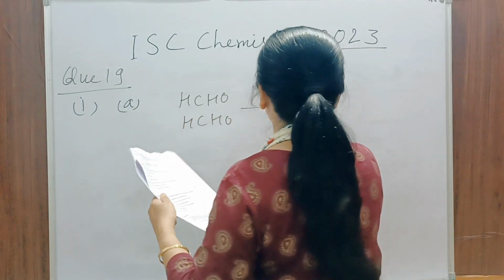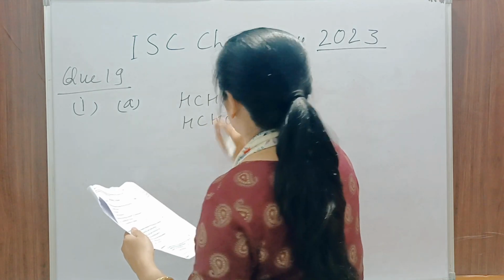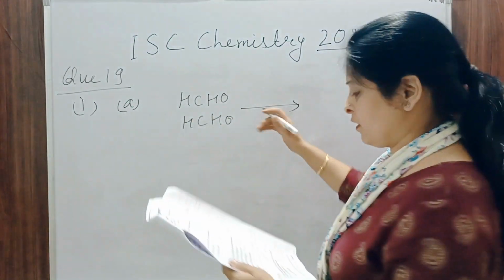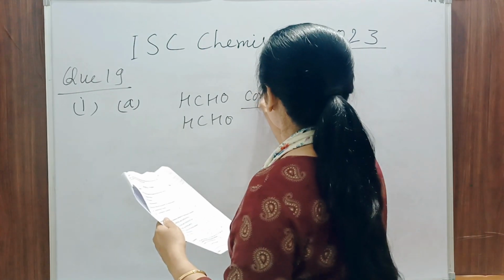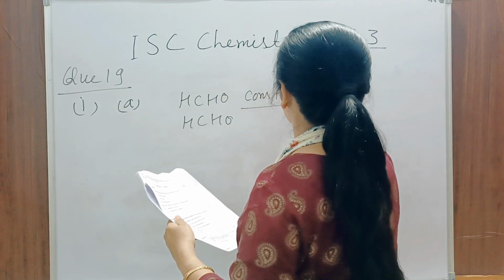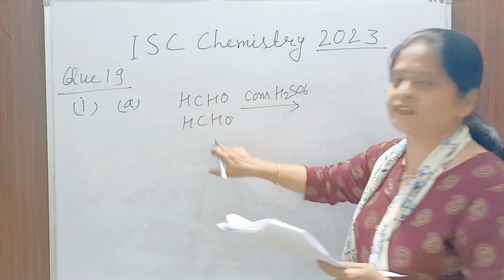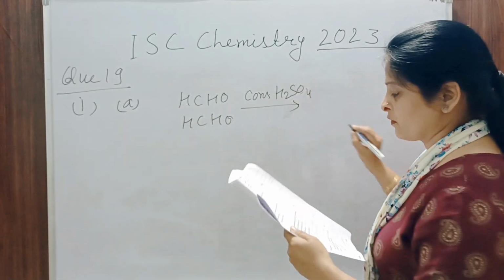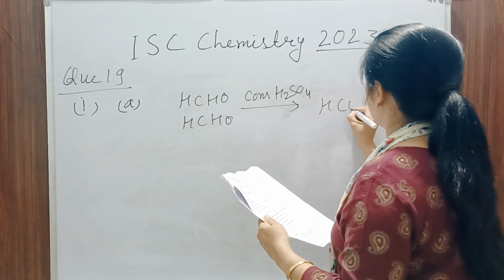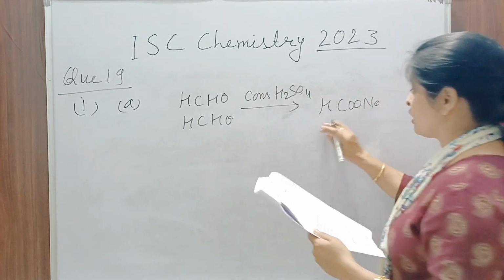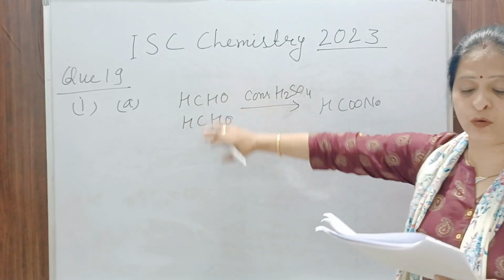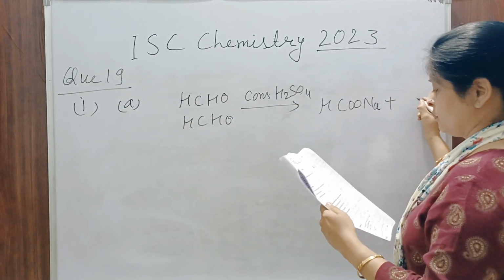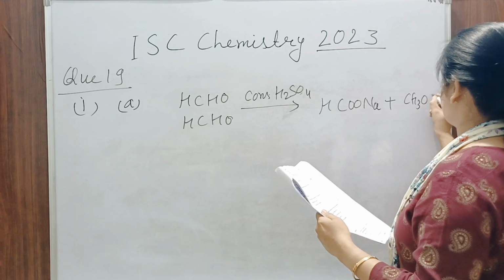So I am writing here like this: 2HCHO, then concentrated NaOH. We can also write 2 molecules of HCHO. Since we have to show the product forming, we have written the 2 molecules separately. When we apply concentrated alkali, it will be changed into HCOONa, then CH3OH.